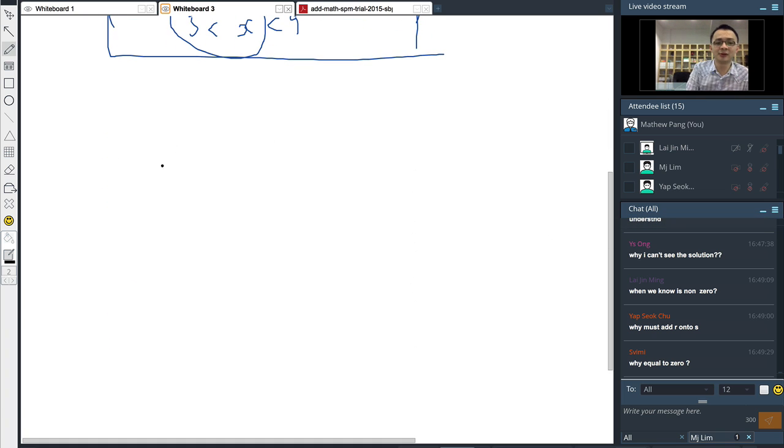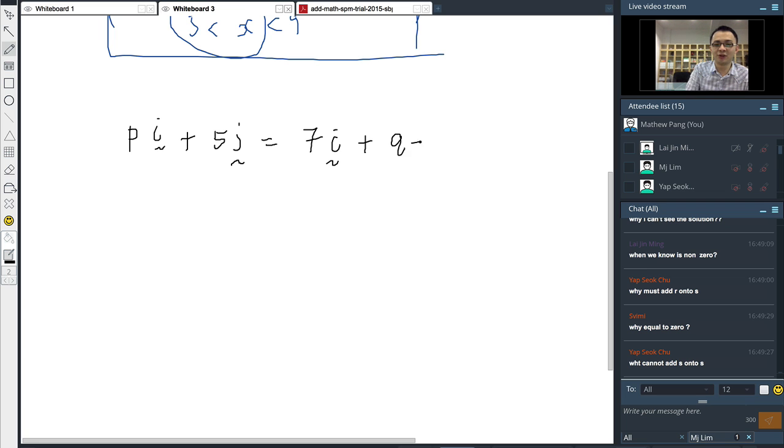Let's say pi plus 5j equals 7i plus (q minus 1)j. This is just a simple example. In order to find p and q, we will always use the comparing method.